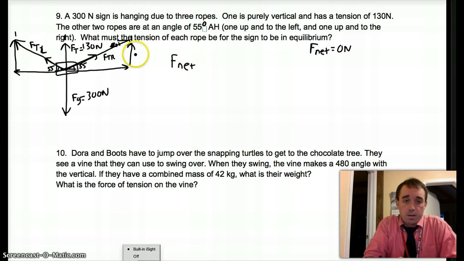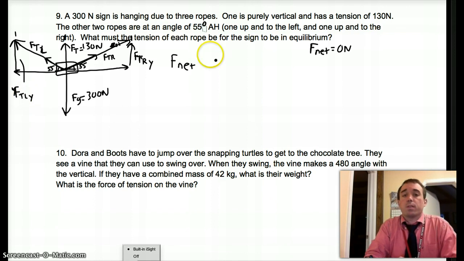I'm going to call this one Ft R Y, the vertical right tension force, and this one Ft L Y, the vertical left tension force. So we have 3 forces up. Our total net force is all of our vertical forces.